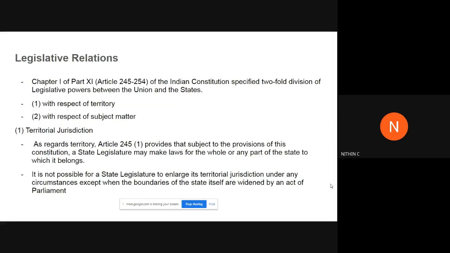So first നമ്മൾ മൂന്ന് റിലേഷൻസ് ആണ് പറഞ്ഞു. The legislative relations, then we have the executive relations, and finally the financial relation. ആരൊക്കെ തമ്മിലുള്ളത്? Between the union and the state. യൂണിയനും സ്റ്റേറ്റും തമ്മിലുള്ളത്.